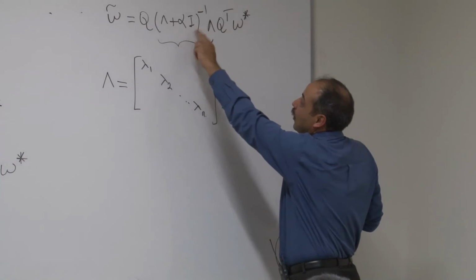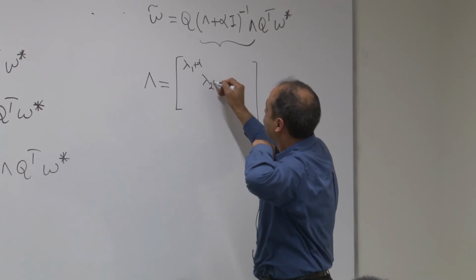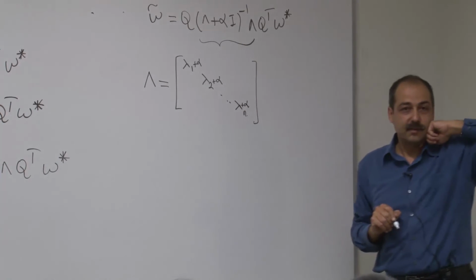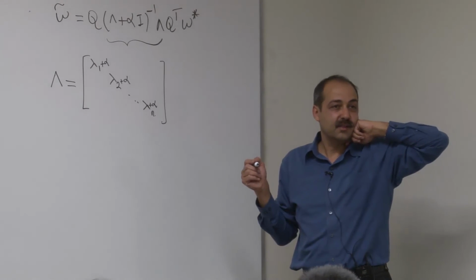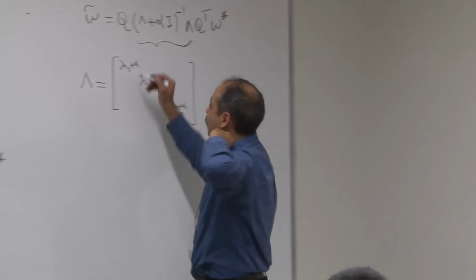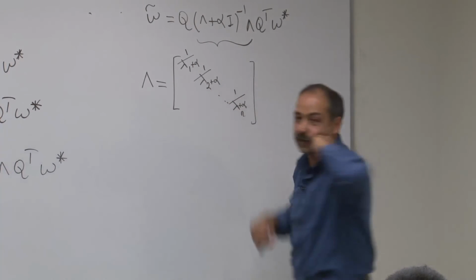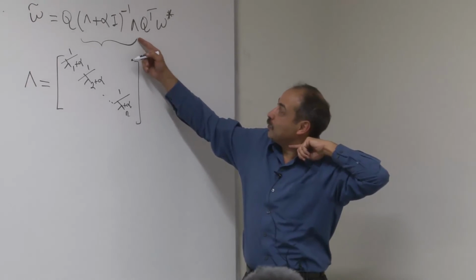Lambda plus alpha I has this form, right? You take the inverse of this, and then you multiply this by lambda.